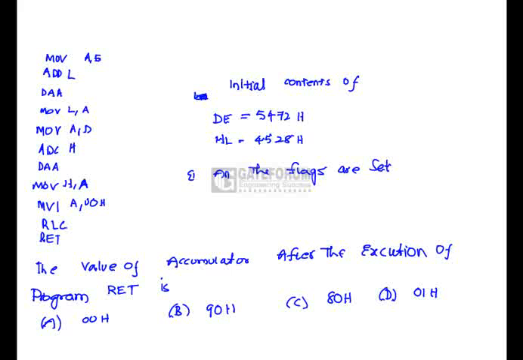Here we are performing DE addition and then HL addition. After the complete addition we have MVI A, 00 before executing the RET instruction, so the accumulator must contain 00. The data is not going to be affected by the RET instruction.